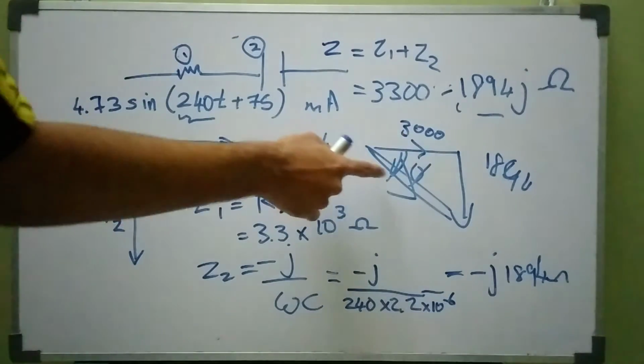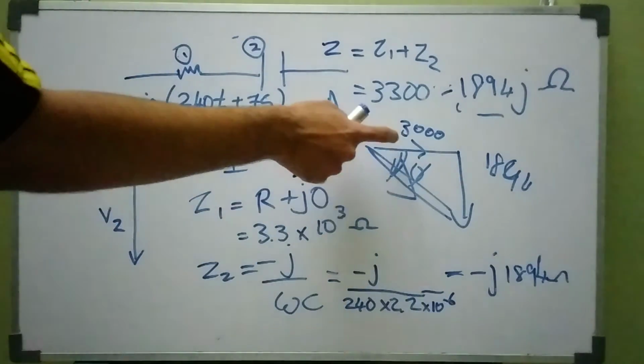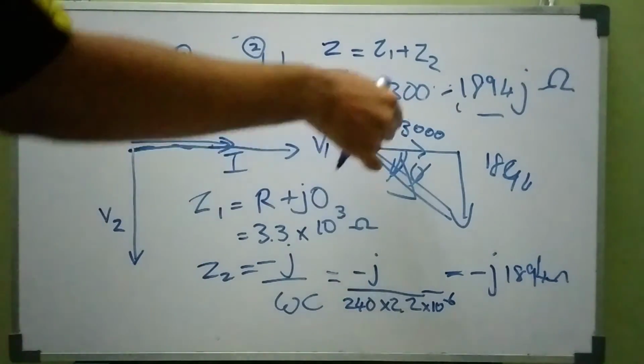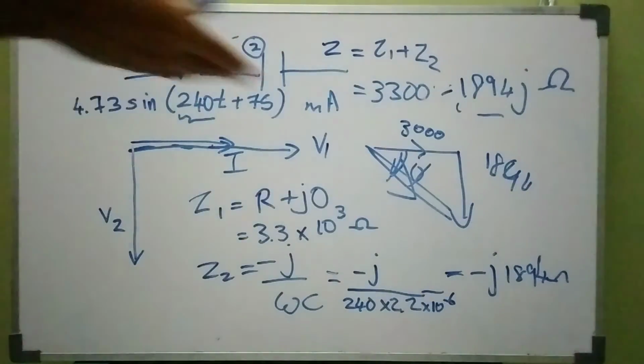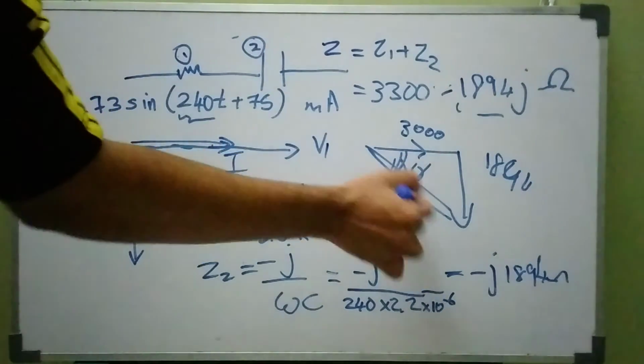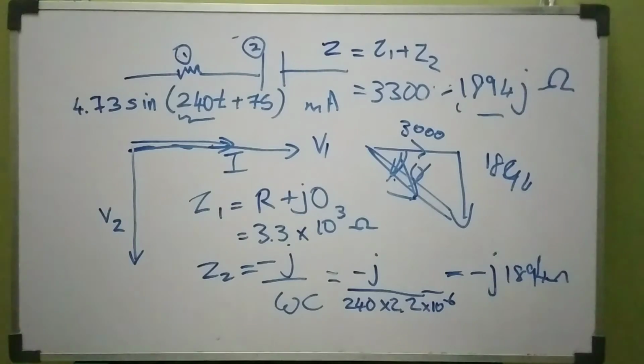We can directly find it using tan phi equals 1894 over 3300, but be careful, you need to take the minus angle as it's in the fourth quadrant. Here we can directly find this using the Pythagoras theorem. However, in the exams it would be difficult to find these using the Pythagoras theorem and tan values, so you can directly use a calculator for finding this value.